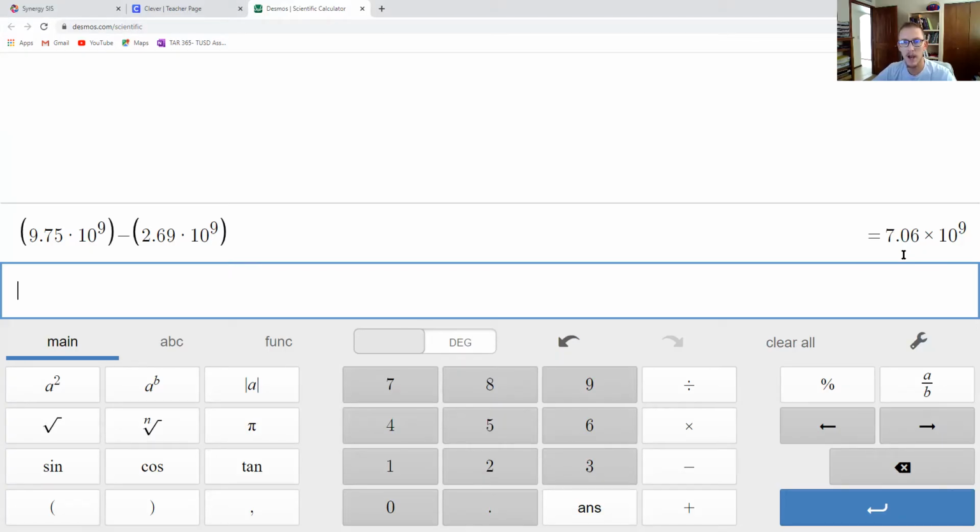Now, because of the size of this number, this calculator automatically put it in scientific notation. If the answer was not put in scientific notation, we would have to convert it afterwards, which we'll look at shortly. So for my first problem, I've got that subtraction problem and it's done. I've got the answer in scientific notation.